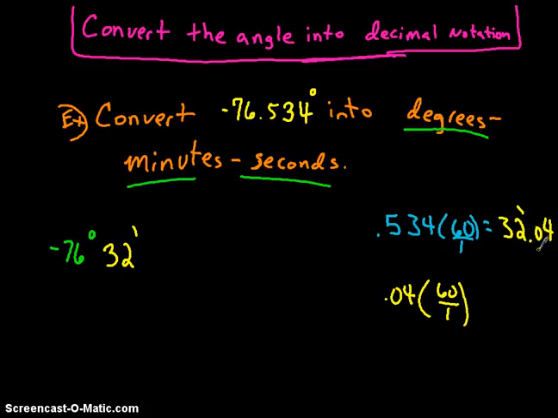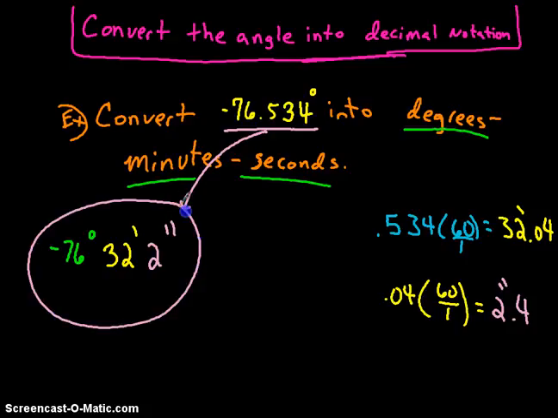So you multiply that by 60, and you get 2.4. So what we have is 2 seconds. That's as far as we go. We don't go further than seconds. So this 0.4 is irrelevant. We don't need that. So this represents 2 seconds. So -76.534 degrees is equivalent to -76 degrees, 32 minutes, 2 seconds.